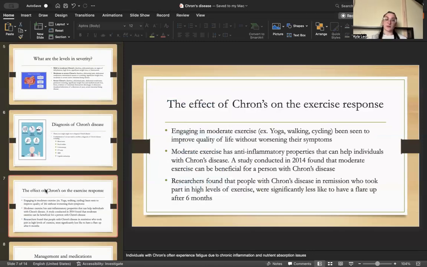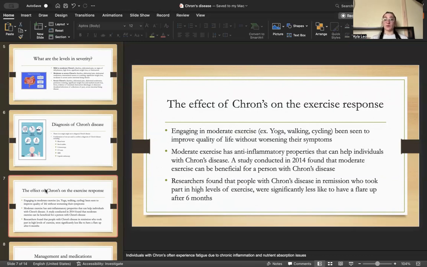So now we're going to look into the effect of Crohn's on an exercise response. From the research I conducted, engaging in moderate exercise, for example, yoga, walking, or cycling, has been seen to improve the quality of life without worsening their symptoms. Moderate exercise has an anti-inflammatory property that can help individuals with Crohn's disease.